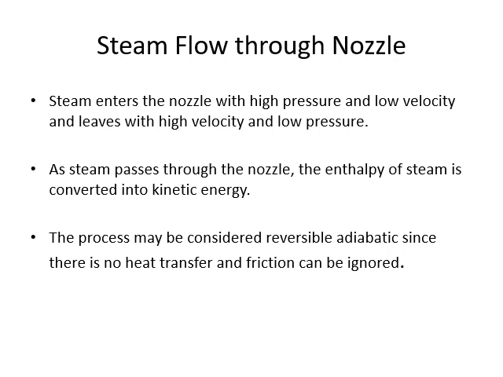The process may be considered reversible adiabatic or isentropic, since there is no heat transfer and friction can be ignored. Since there is no heat transfer, it is adiabatic, and because friction can be ignored, it is reversible.